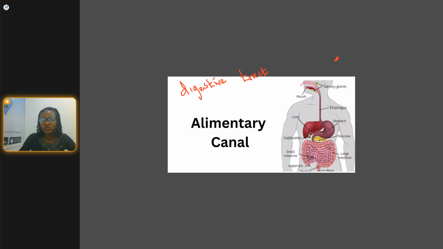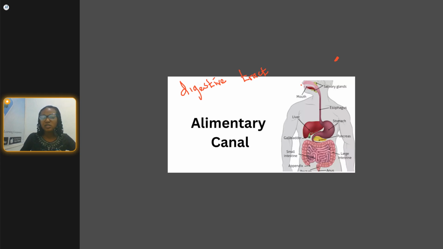So the digestive system or the alimentary canal is what you can see here on the bird, and it is responsible for the digestion and absorption of food. Okay, so this is the structure, and we are going to be taking a look at each of the organs.